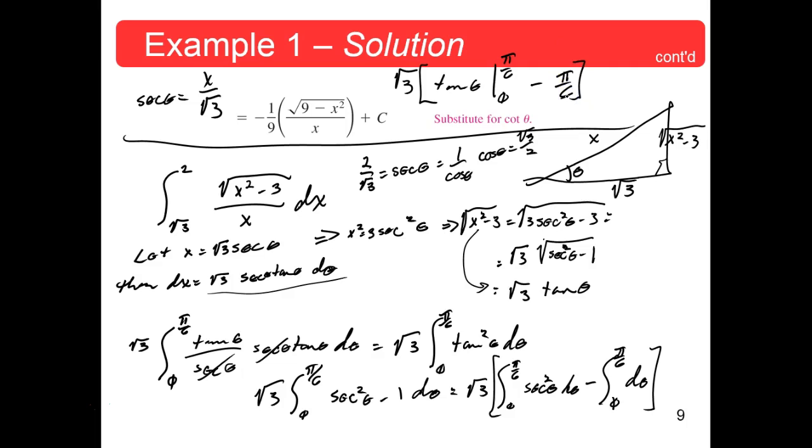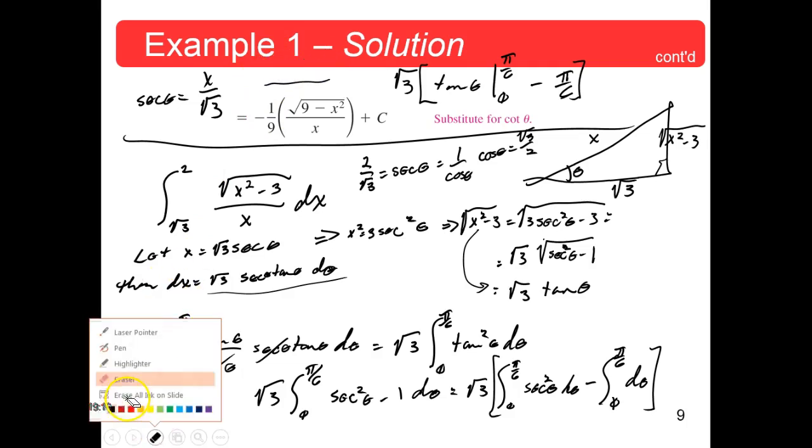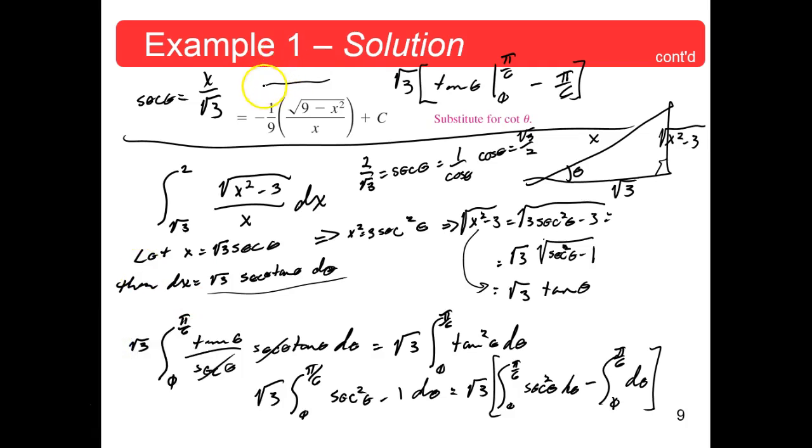Now, this may take a little bit of memory here. Remember what the tangent of pi over 6 is? Does anyone remember? I'm going to do a different little triangle. Pi over 6, remember, is a pretty small angle. And this is 1 to the square root of 3.